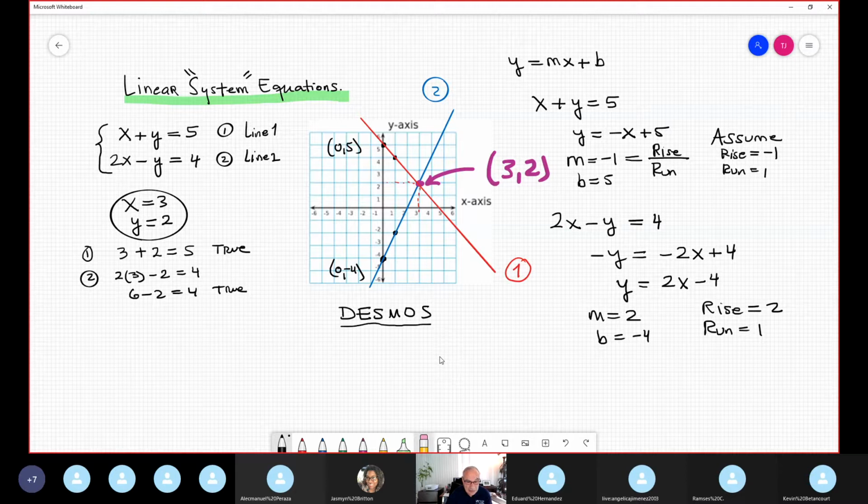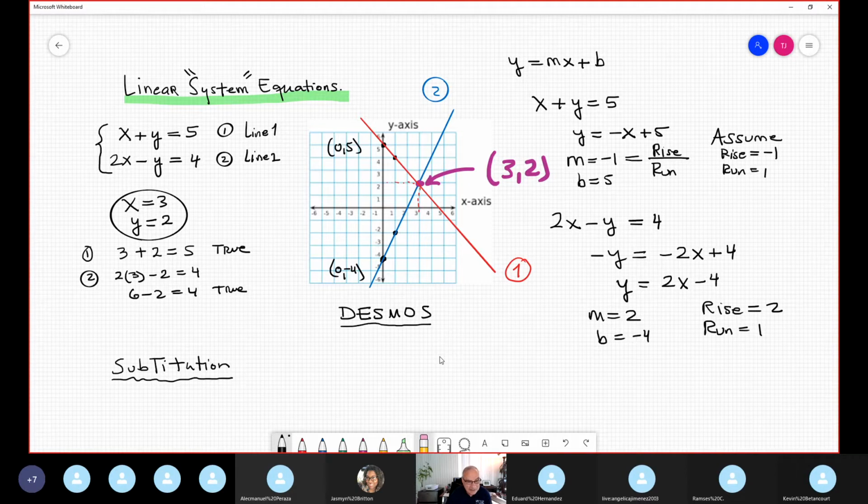Well, another possibility algebraically is using, we have two methods. We have substitution. It's the name of one method that we're using for solving a linear system of equations.